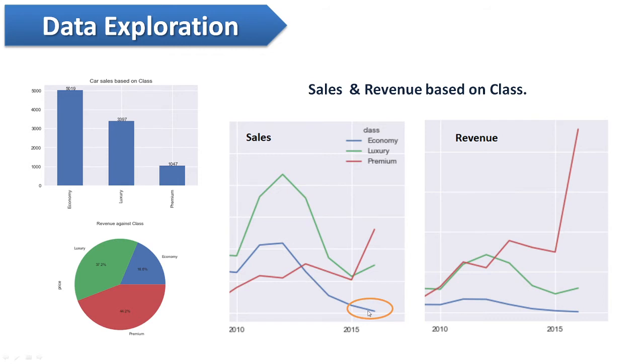In contrast, premium car sales are skyrocketing, and luxury cars are at least maintaining their consistency in sales. That is with respect to sales, but if you look at the revenue, the economy car sales in the recent years 2015 and 2016 together are just a small revenue, while premium car sales are almost 500%, five times more than the rest of the other car types.